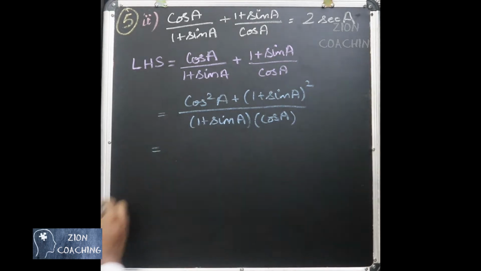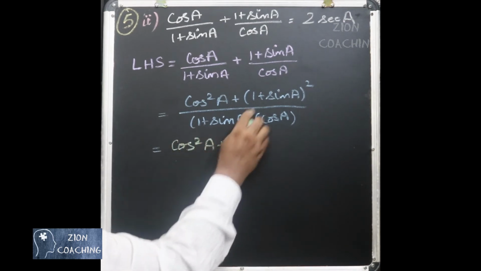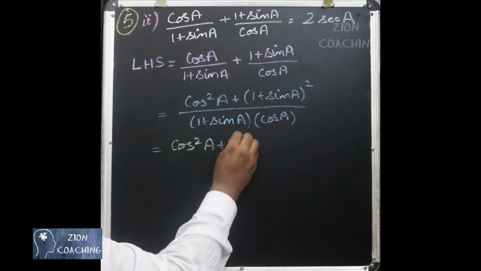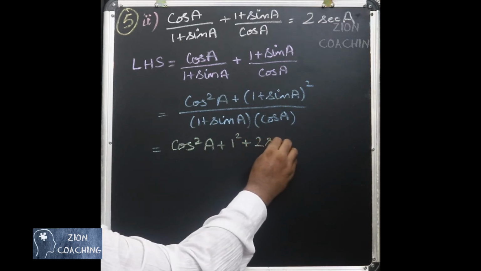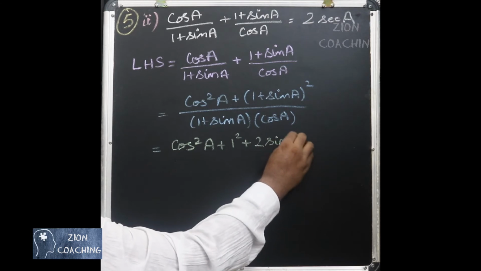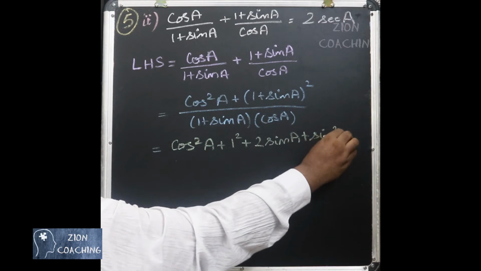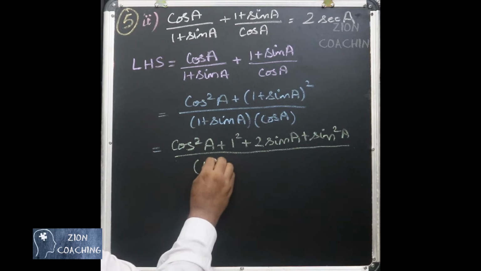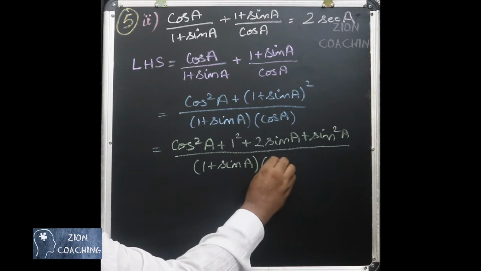Now cos squared A as it is, plus we can expand this using the (a plus b) the whole squared formula: a squared, that is 1 squared, plus 2 into a into b, 2 into 1 into sin A is 2 sin A, plus b squared, that is sin squared A, divided by (1 plus sin A) into cos A in the denominator.